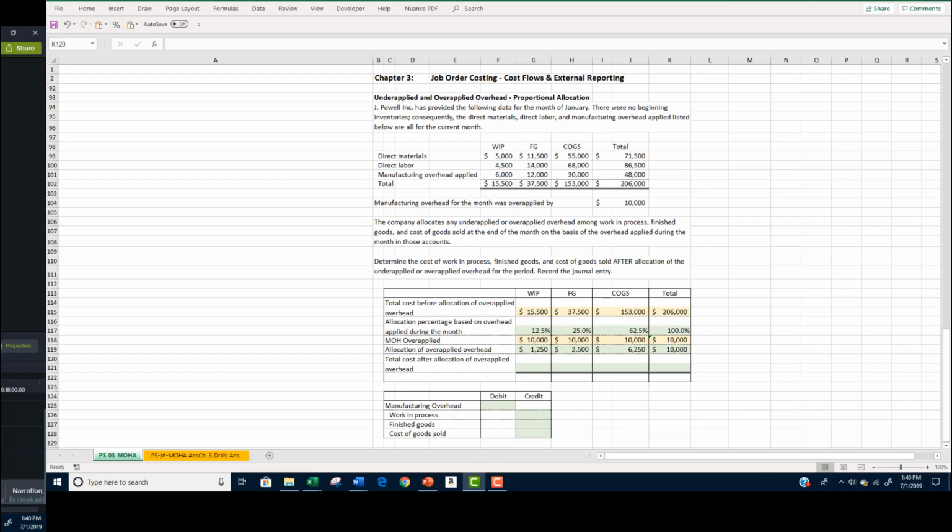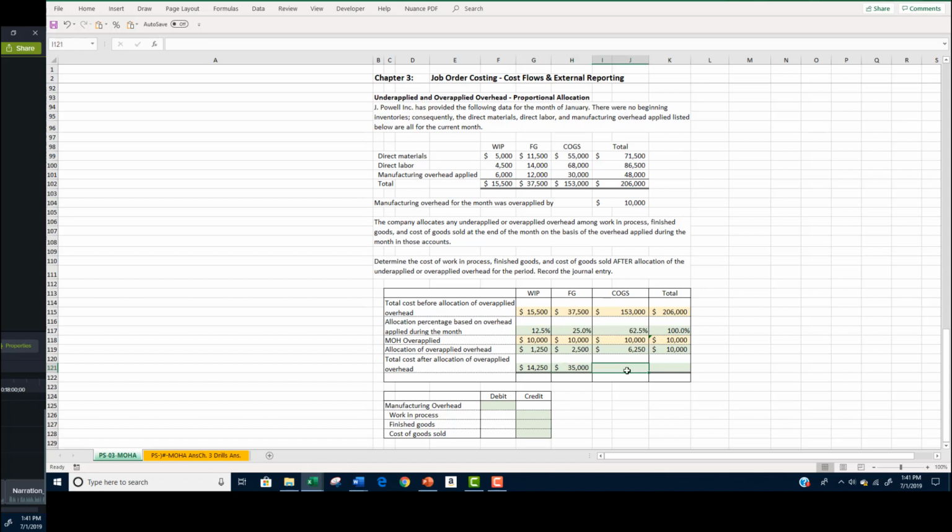The adjusted balance is determined by subtracting the allocated amount from the prior balance because the prior balances had too much cost in them. The adjusted cost for work in process is $14,250 as we subtract $1,250 from $15,500. Finished goods is $35,000, or $37,500 minus $2,500.